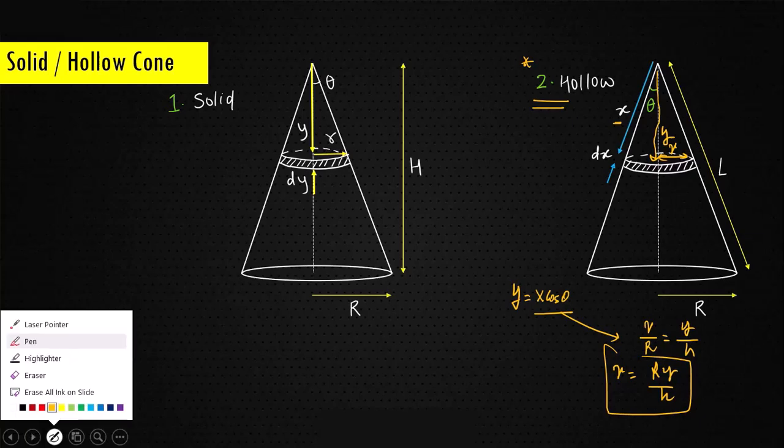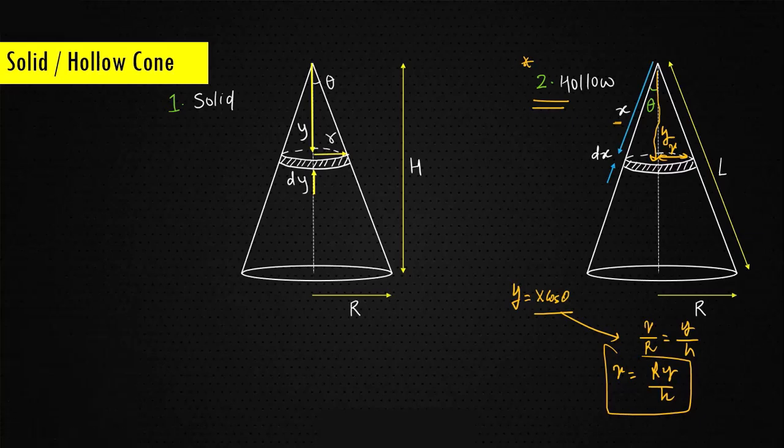Once I write y as a function of x, your task is to write the area of this ring. Once you open this ring, it has a length of 2 pi r. But mind that the thickness of this ring is dx. Taking 2 pi r into dx will give the area.